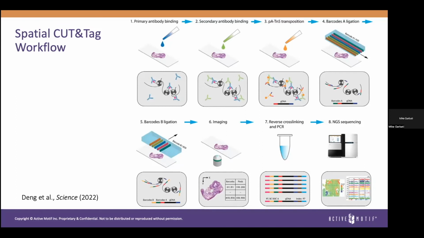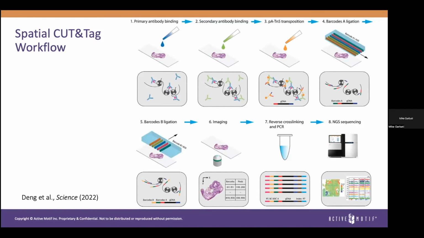Next, barcodes are flowed across the slide by microchannel guided delivery in both vertical and horizontal directions. And this creates a two-dimensional grid of 50 micron squares that we can call cut and tag pixels. Each pixel has a unique combination of barcodes. So after the libraries are sequenced, we can go back and build a spatial map to see which pixels had common histone modification profiles.